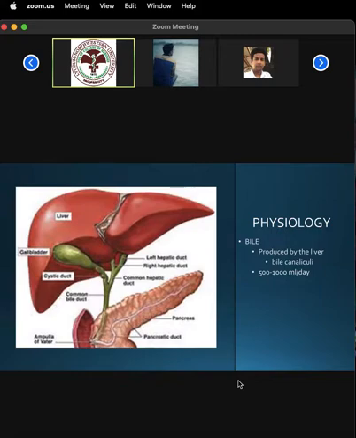Bile is composed of water, electrolytes like sodium, potassium, calcium, chloride, almost the same as plasma concentration. Then we have bile salts, your cholate and chenodeoxycholate acids. Then you have proteins, lipids in the form of cholesterol and phospholipids, and bile pigments, more commonly calcium bilirubinate.